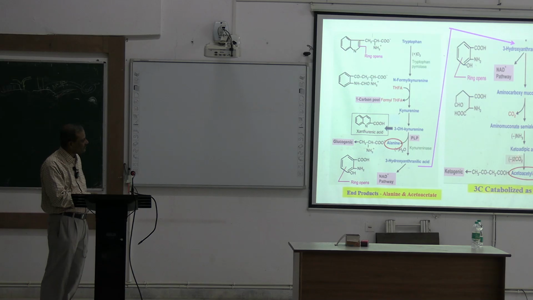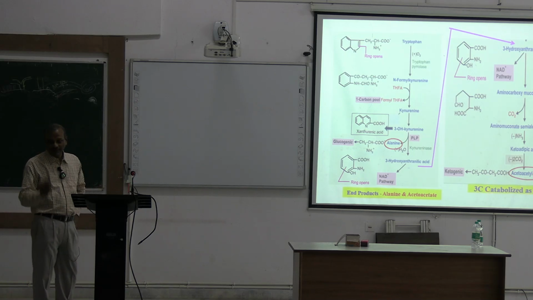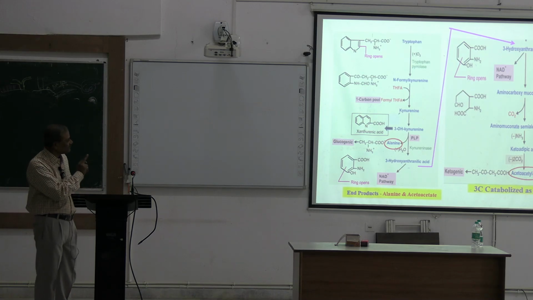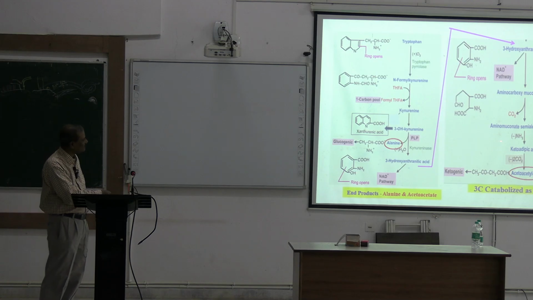So 3 carbons are lost as CO2. There are 11 carbons. This slide is basically to show you the release of carbon dioxide. And several other things are there. I will discuss each and every point.